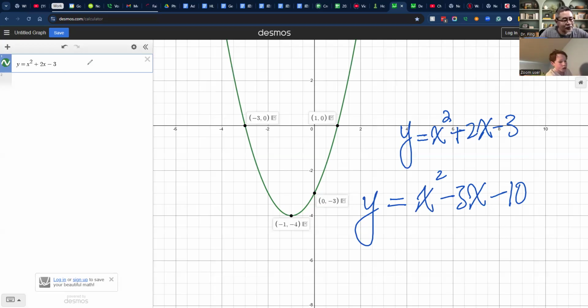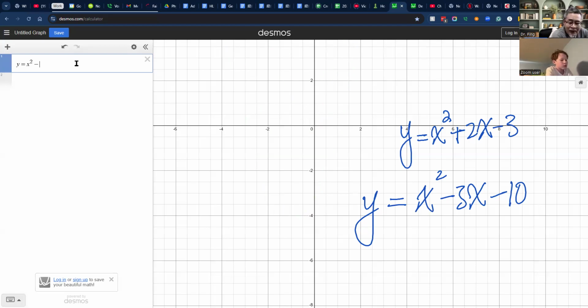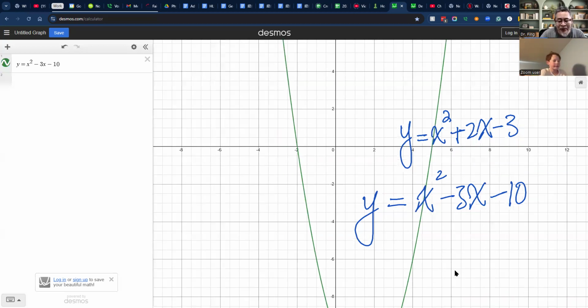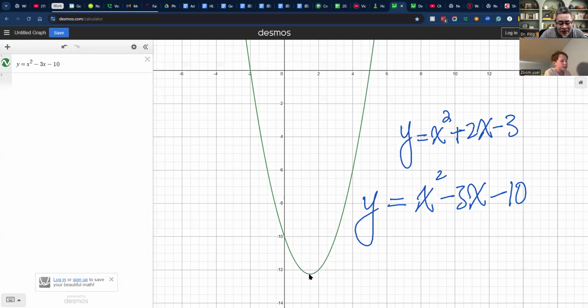All right. Very good. So we got negative 3x minus 10. We can see that it's actually 1.5, negative 12.25. And then we got this point, negative 2, 0, and there's 5, 0. Then, of course, this is our y-intercept. Very good.